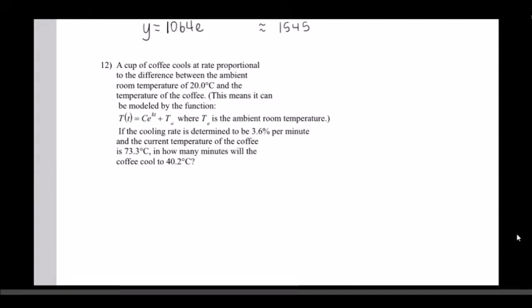Okay, question 12. We have the same formula here, C e to the kt, because we have this phrase, it's cooling or decreasing at a rate that's proportional to an amount. One little difference here, it's not just this formula C e to the kt, we also have the ambient room temperature, which is 20 degrees Celsius.